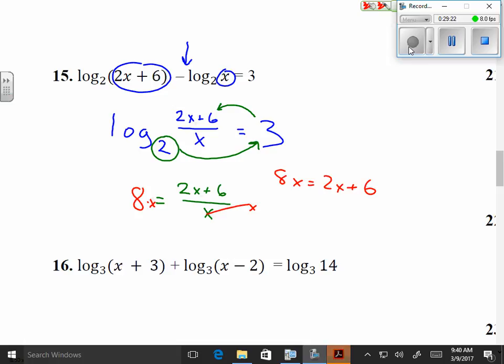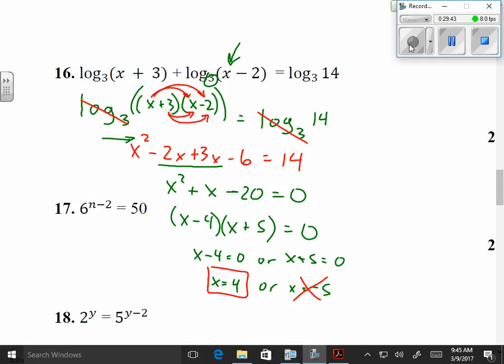And now I'm in a place I've been before, a little more comfortable. 6x equals 6. x equals 1. Just to go back over, we had addition.